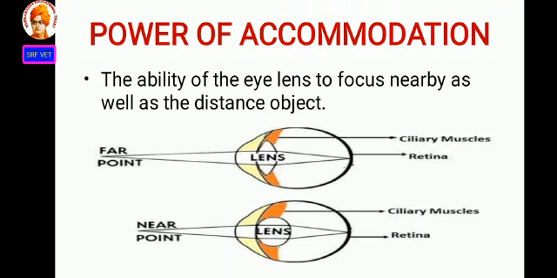So a distant object can be seen clearly. In the next one, when we see a closer object, the focal length of the eye lens is decreased. The ciliary muscles contract. So the image of the closer object is clearly formed on the retina.